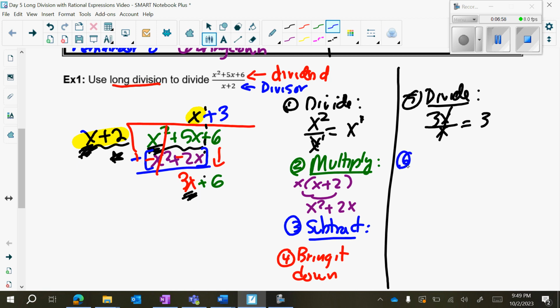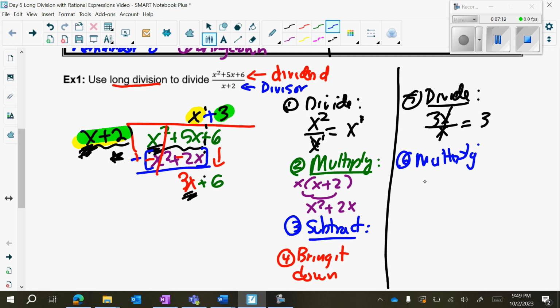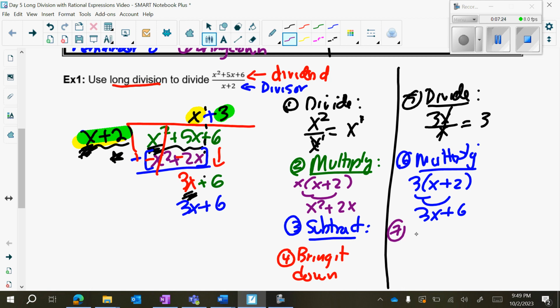Next step, multiply. When you multiply, you're going to multiply specifically the 3, which we just got above, by this whole thing. So again, you can either distribute in your head or you can do it on the side. 3 times x plus 2 is 3x plus 6. Put that here. Last step, subtract.